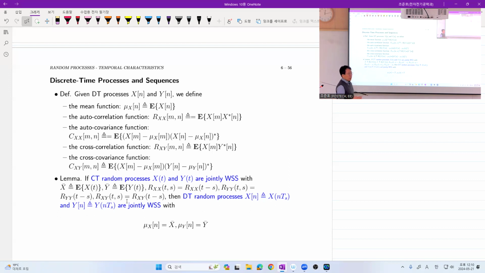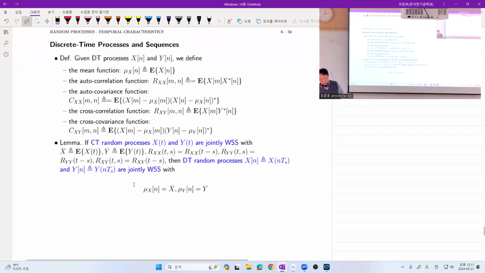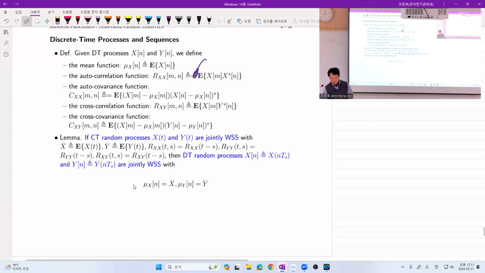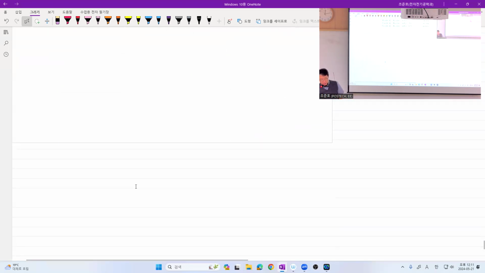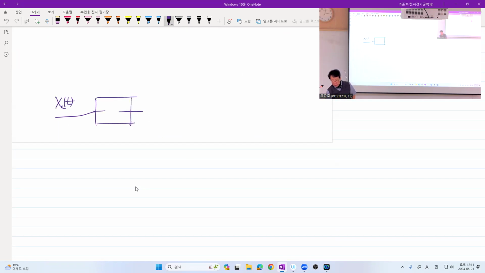Now, the definitions can be straightforwardly extended to discrete time, real and complex valued random processes. So I'm not going to repeat it. It's very easy. The only emphasis is on the case where your discrete time random process is obtained by uniformly sampling the continuous time random process. So here you have a continuous time random process x of t, and you have what?